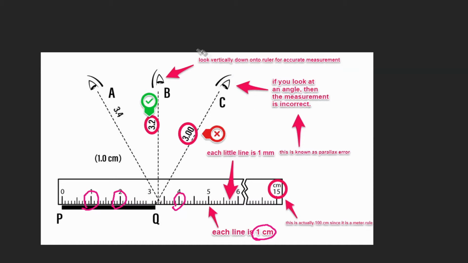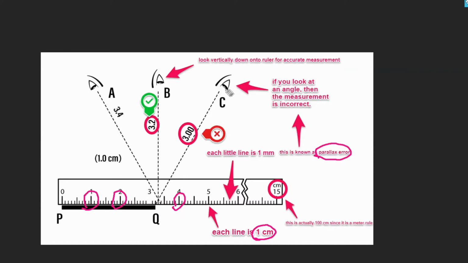Lastly, we need to know about what a parallax error is. When you're measuring with the meter rule, you need to make sure that you're looking down vertically onto the meter rule in order to avoid parallax error. Now, what is a parallax error?